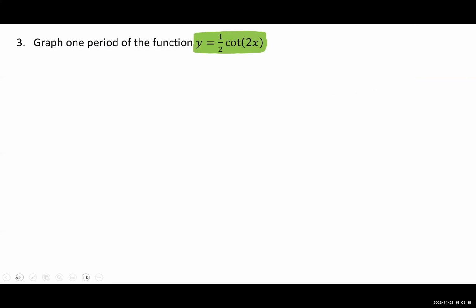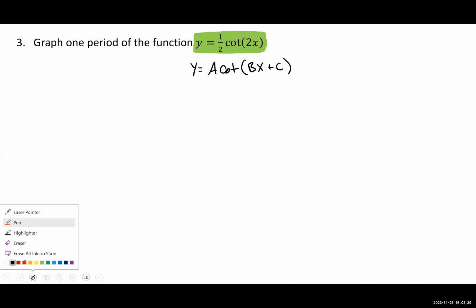All right, so 1/2 times the cotangent of 2x. Step 1 is always step 1. Figure out the period. So we're looking at this model, y equals a cotangent of bx plus c. Say the same thing as I did for the first problem and the second problem. What is a?